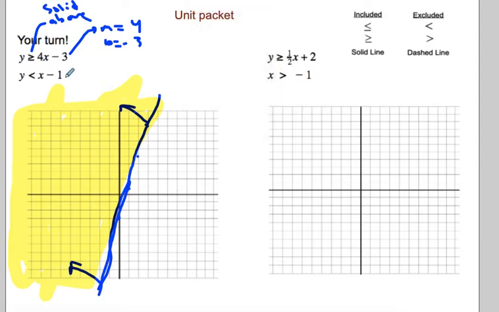The second line has a slope of 1 and a b value of -1. So we're starting at 0, -1. And it's got a slope of up 1 over 1, up 1 over 1, up 1 over 1, or down 1 left 1. This says that I want to be strictly less than that, which means it's going to be dashed. And less than means I'm shading below.